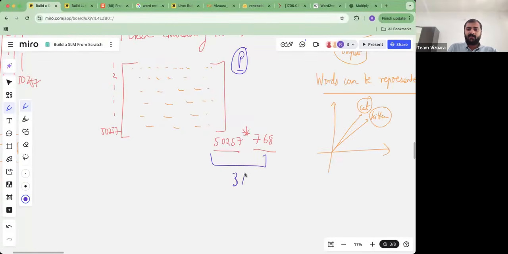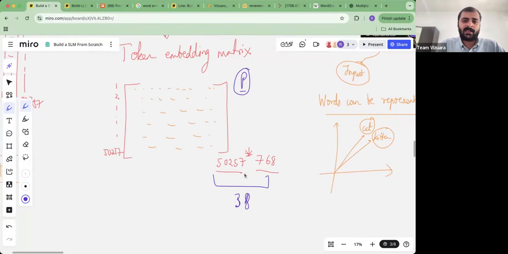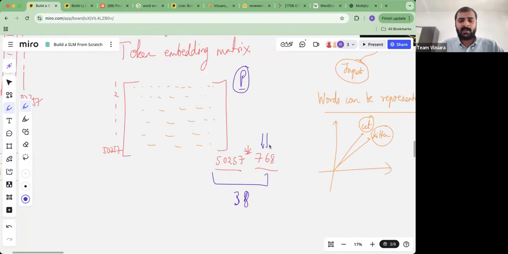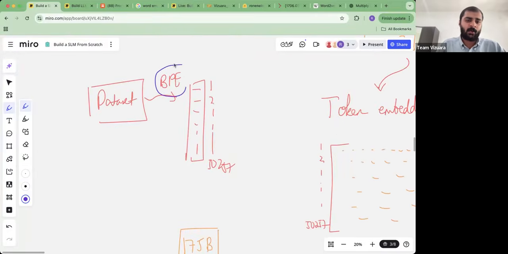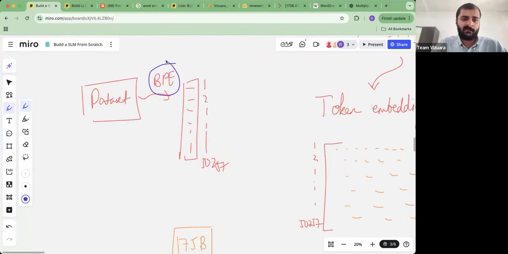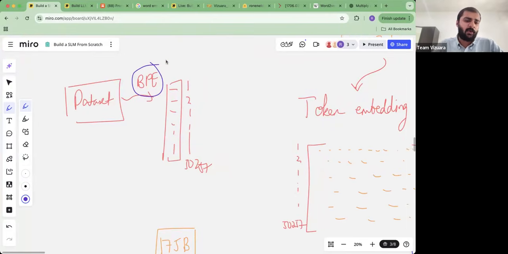Remember how important these two variables are. The first is the embedding size: as you increase the embedding size, the number of parameters increases by a lot. The second important variable is the vocabulary size, which you have to define when you create the byte pair encoding. It's a hyperparameter. For example, GPT-4 had around 100,000 vocabulary size, GPT-2 has 50257.